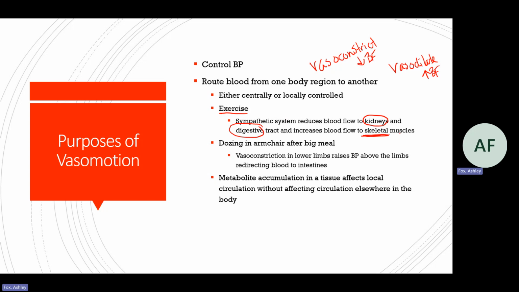Either way, you're going to need increased blood flow to your skeletal muscles. They need more oxygen. So how are you going to get more oxygen to this area? More blood flow. And you're going to allow the blood flow to go to skeletal muscles, stop it from other areas. You're going to redirect.